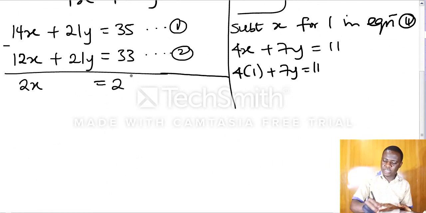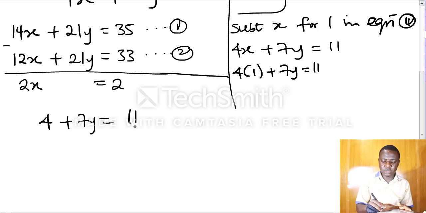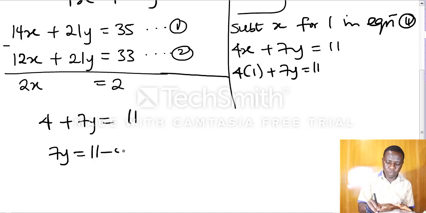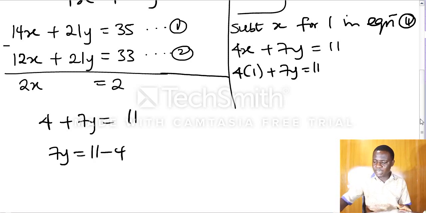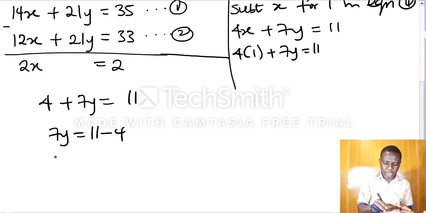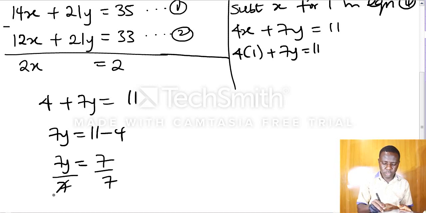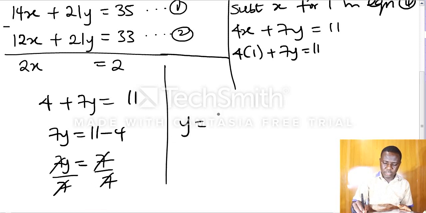Solving this, you have 4 plus 7y is equal to 11. Making 7y stand alone by subtracting 4 from both sides gives us 7y is equal to 11 minus 4, and 11 minus 4 is 7. Dividing both sides by 7 will give us our value of y.